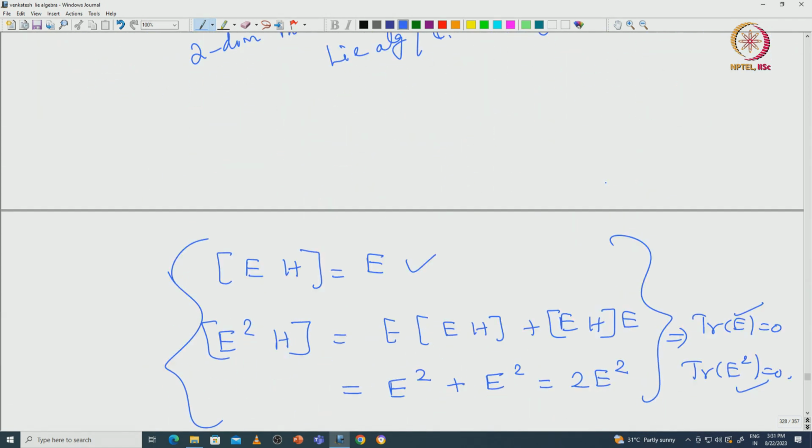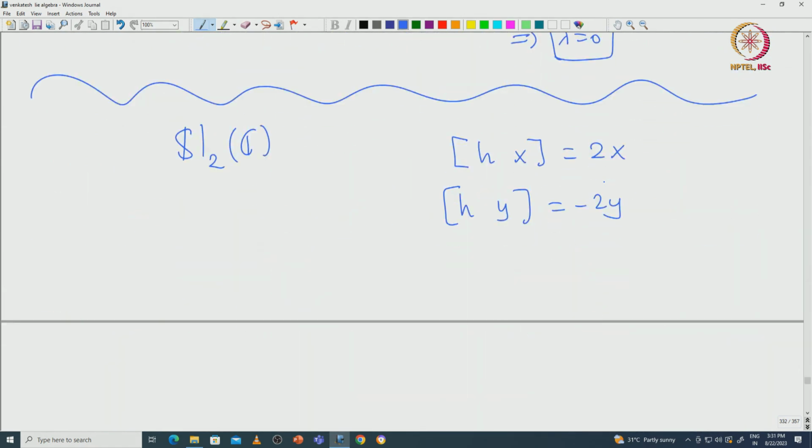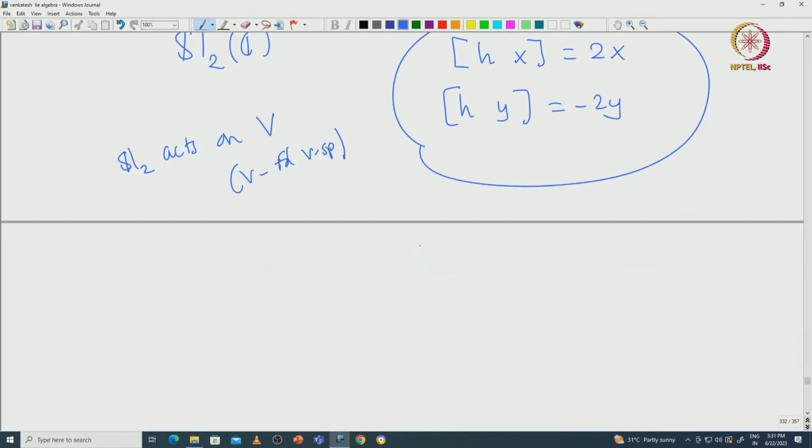So that is what is happening inside sl2 also. If sl2 acts on some V, where V is a finite dimensional vector space, then using this formula you can immediately conclude that both x and y are nilpotent, that is, they act nilpotently on V.